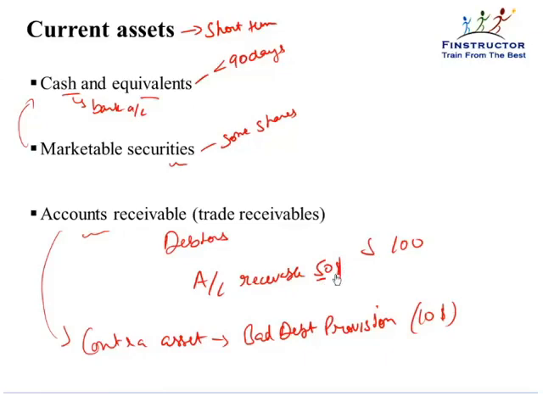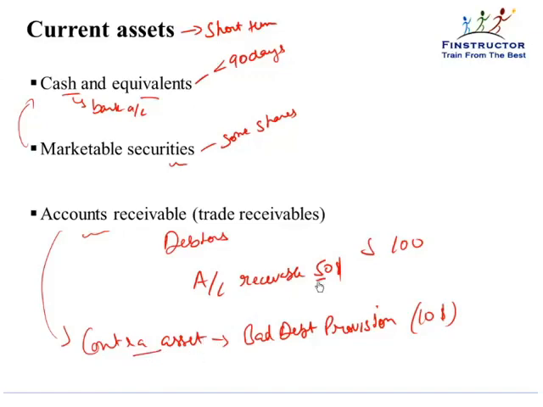I don't think the client will pay more than $40. So to reflect my analysis or my expectations from this account, I'm writing off $10 as a loss in the income statement and putting a bad debt provision on the balance sheet as -10. So this is a contra asset, that is, it reduces the value of an asset.